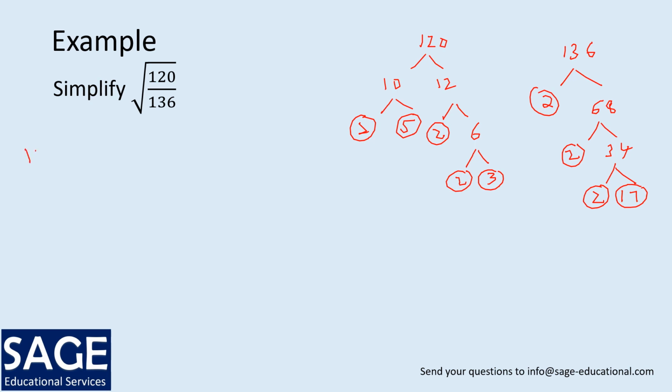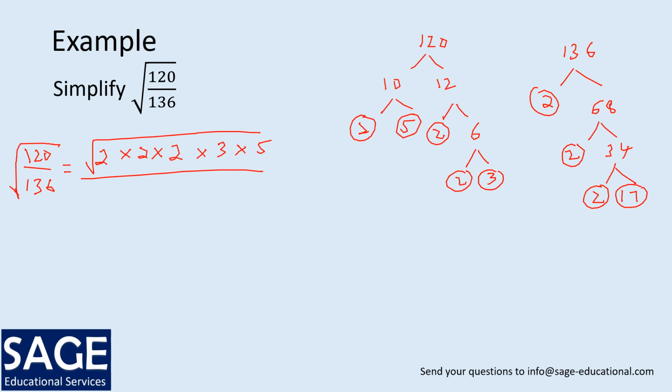So I can write the square root of 120 over 136 equals, so I see there are 1, 2, 3 twos, and then times 3, and then times 5, and they all go under the square root. And then divide that by the square root of 2 times 2 times 2 times 17, all under the square root.